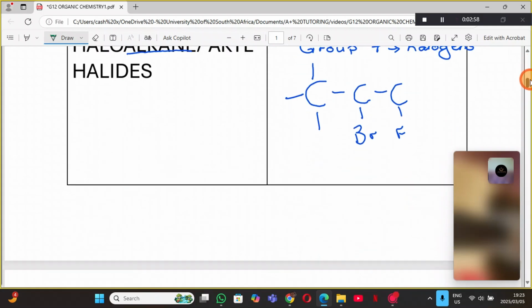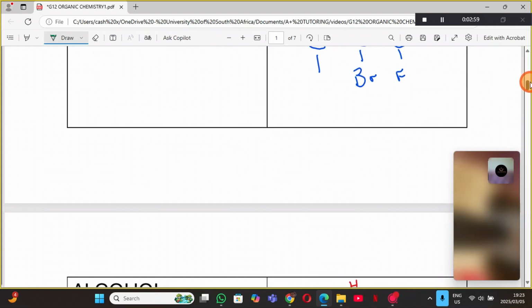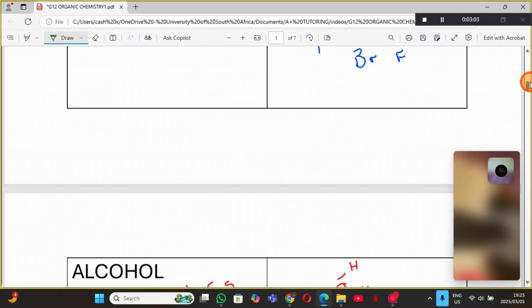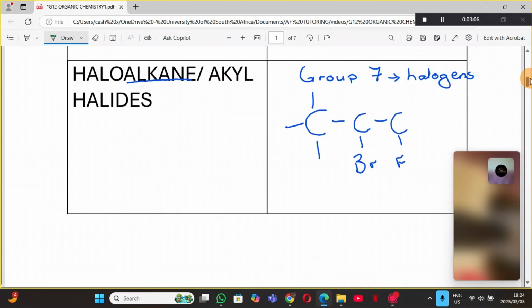Positional isomers, normally they work when we are talking of your alcohols or your haloalkenes and haloalkanes. So you have this one we did here, let me remove one. So I'd have my H, right?